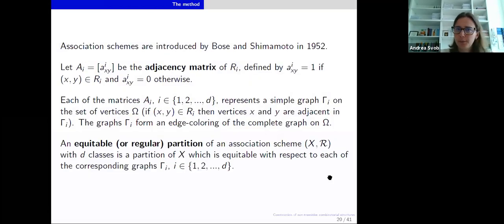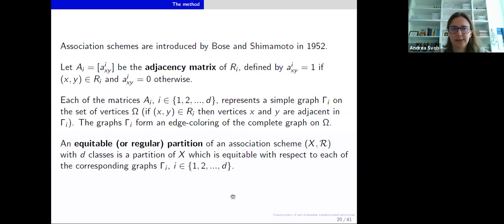They were introduced by Bose and Shimamoto in 1952. And if you take A_i to be the adjacency matrix corresponding to each non-empty relation R_i, it is a 0-1 matrix defined so that 1 is on the position if two elements are in the relation and 0 otherwise.